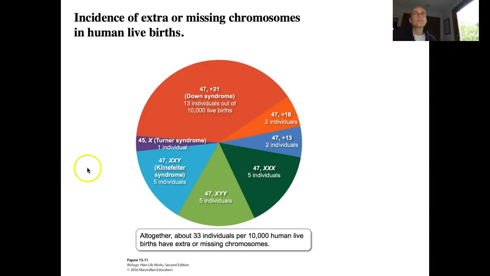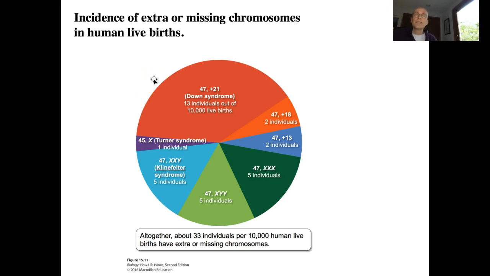So that can happen, and that happens in animals and in plants and also in humans. And your book has this figure that shows the incidence of extra or missing chromosomes in human live births. So what that means is that in many cases where changes occur with the total number of chromosomes, that is so detrimental that in most cases the birth does not result in a live birth, so that fetus is aborted before the baby is born.